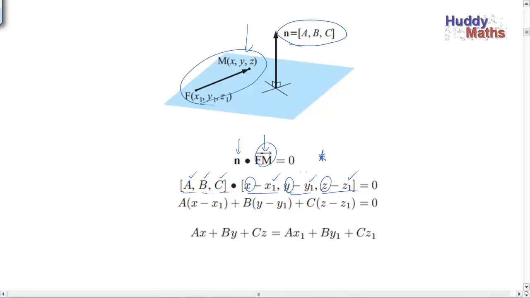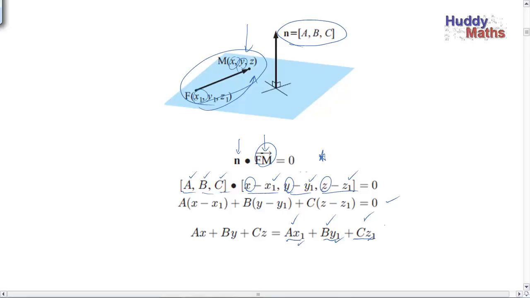Let's just take it, F to M, first minus second. Okay, second minus first actually there. If you then expanded all this, and we haven't shown this here, and put all the known values on the right, these would be known, wouldn't they? We know the components here of the normal vector, and we know these values of the known point.